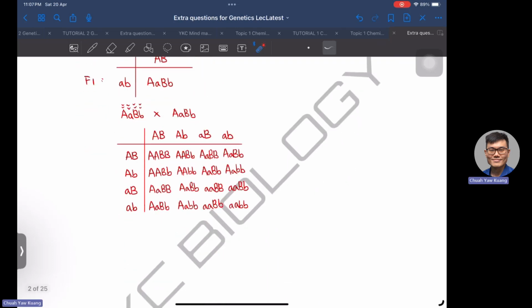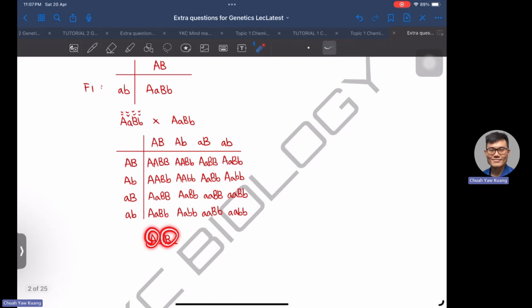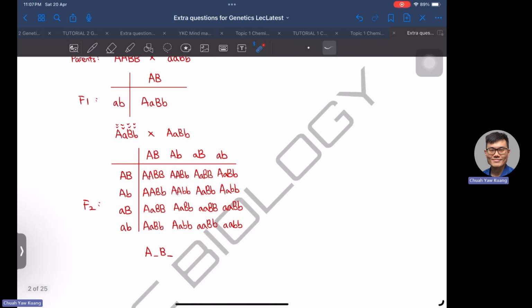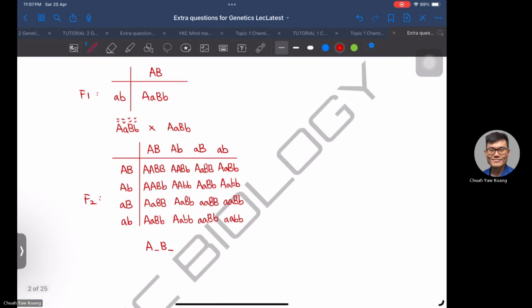So we look into what we have crossed. We are looking for those that have at least one big A and one big B. Any genotype with this would be the F2 generation that has a similar phenotype to the grandparent here. Let's see how many.